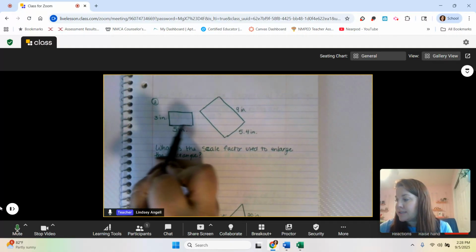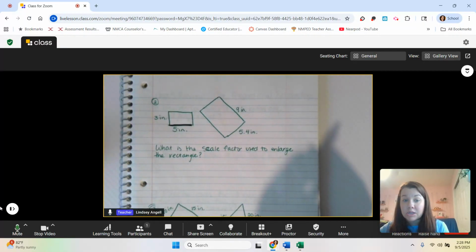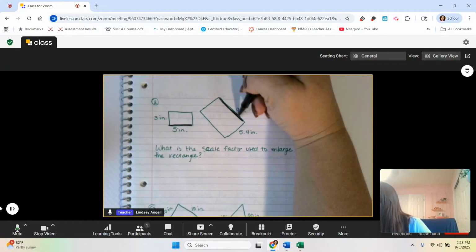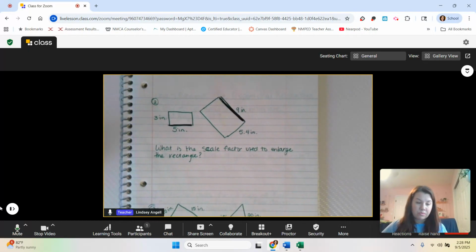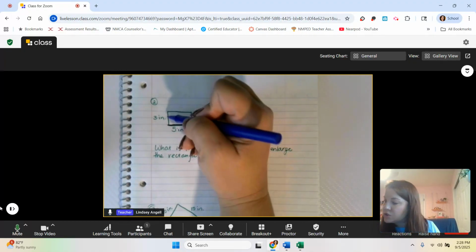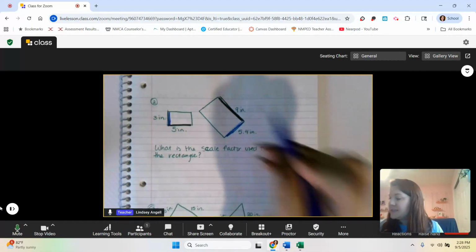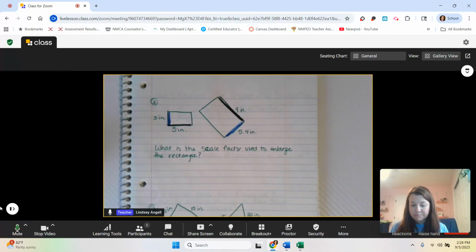In this case, this 5 is the longer side, and it should be compared to this longer side. And this short side should be compared to this side.